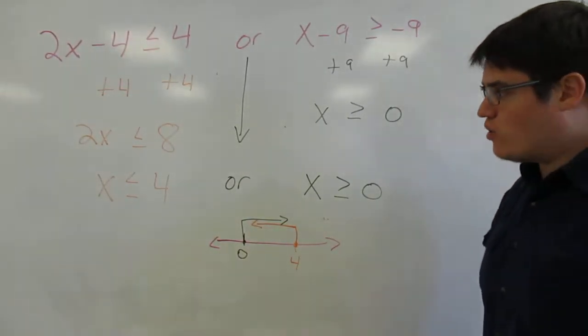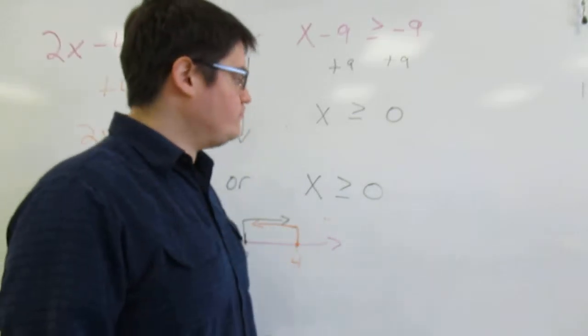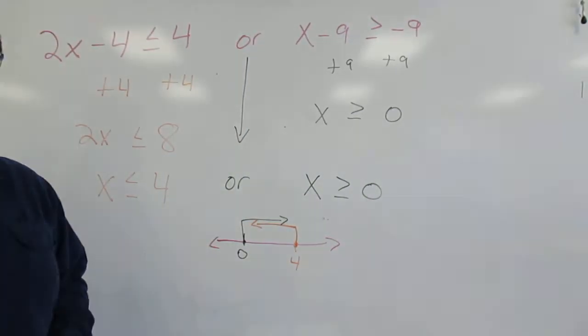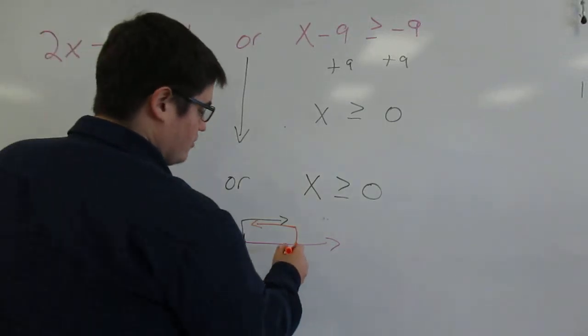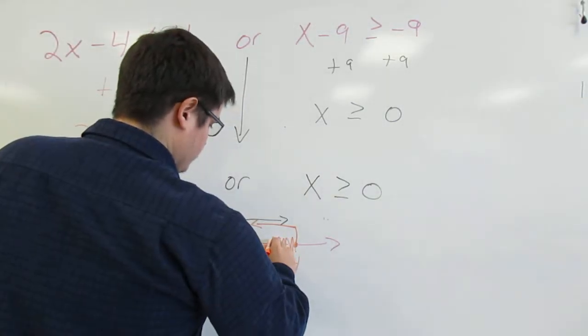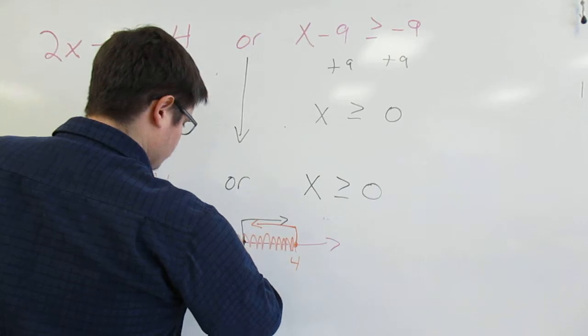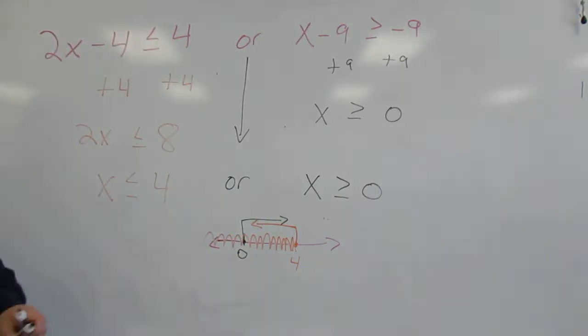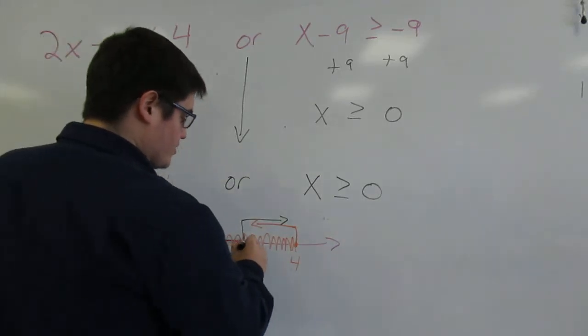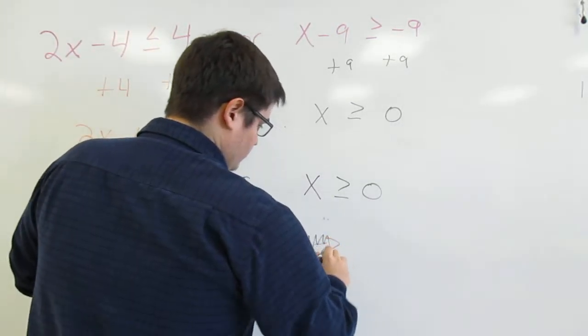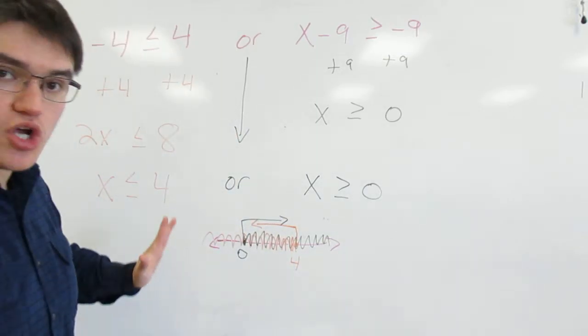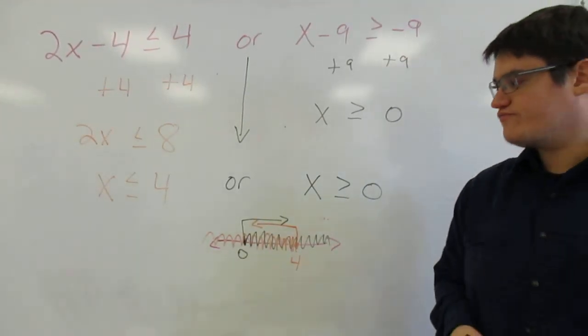But now we have an or. So it could work for the orange or it could work for the black. Well, if you look at the orange line, all the answers are everything right there. And it keeps going on and on and on. And the black line, all the answers are everything right there. And it keeps going on and on and on.